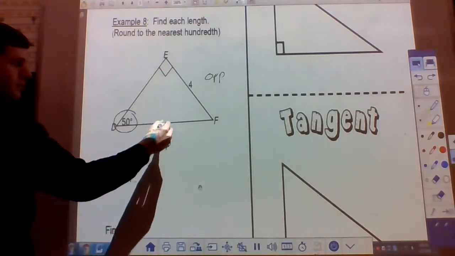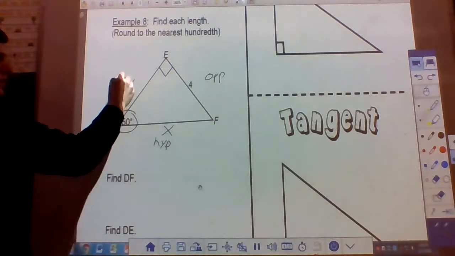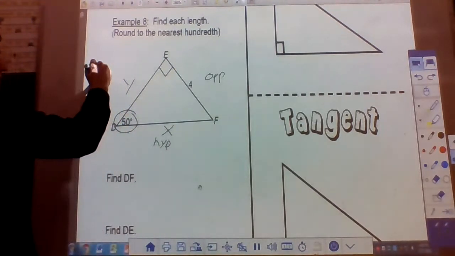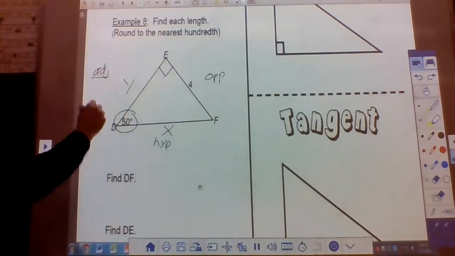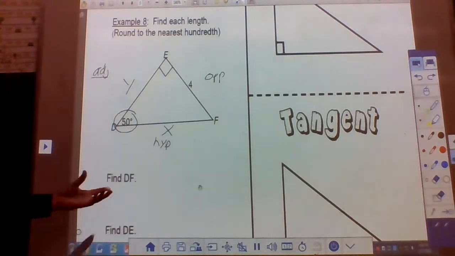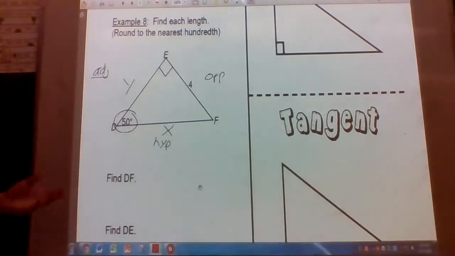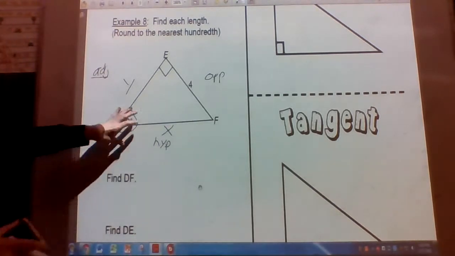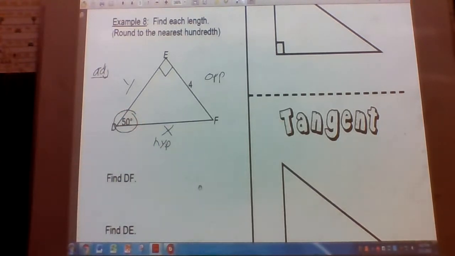I'm going to call the hypotenuse X and the adjacent side Y. First question, find DF. So DF we called X. You can put any variable you want there, but I called it X. You could leave it as DF. I just want to be as least confusing as possible. We have to figure out which function we want to use.